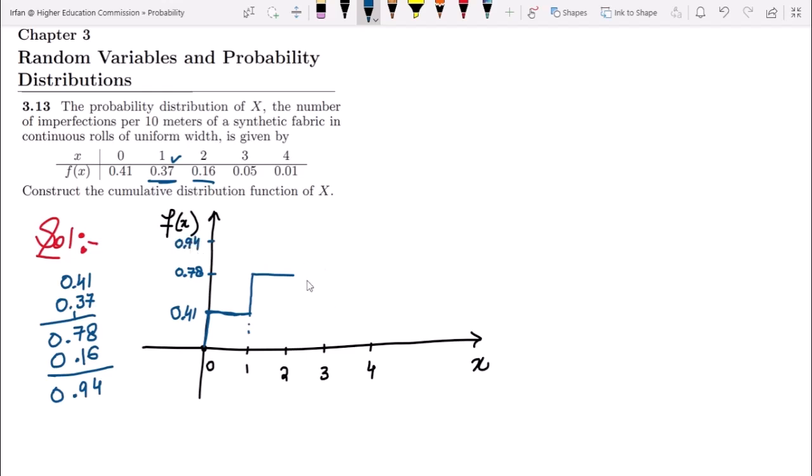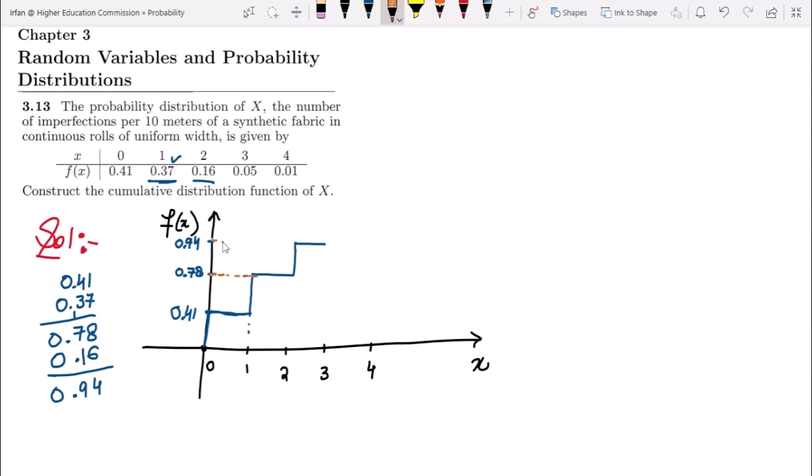So at this 2, what will happen? It will jump to 0.94, and it will stay at 0.94 until we reach this 3, the value of x equal to 3. Let me also label them here.